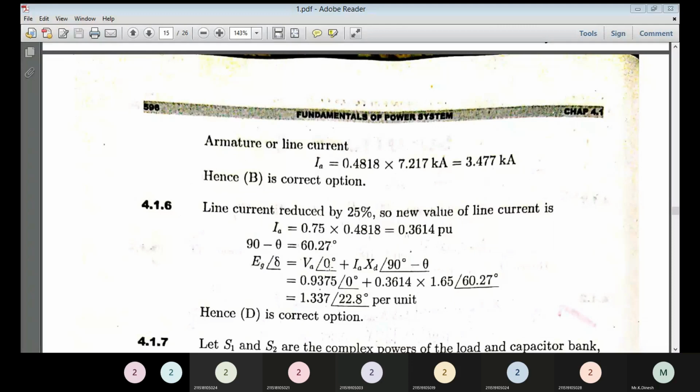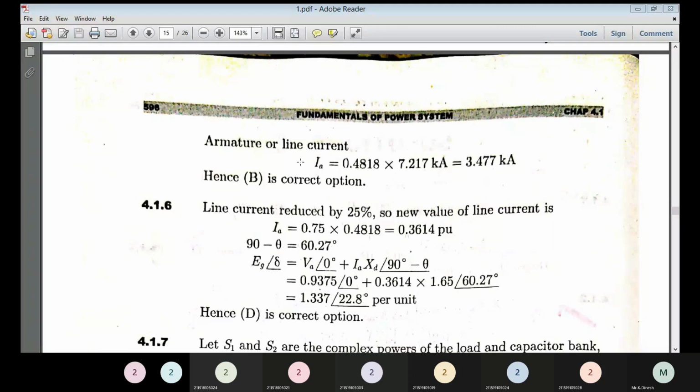So Va is 0.9375, Ia is 0.3614, and the Xt value is 1.65 at an angle 60.27. Solving the equation, you get 1.337 at an angle 22.8 per unit. So if the line current is reduced by 25%, the generated EMF value should be 1.337 at an angle 22.8 per unit. So D is the right option.